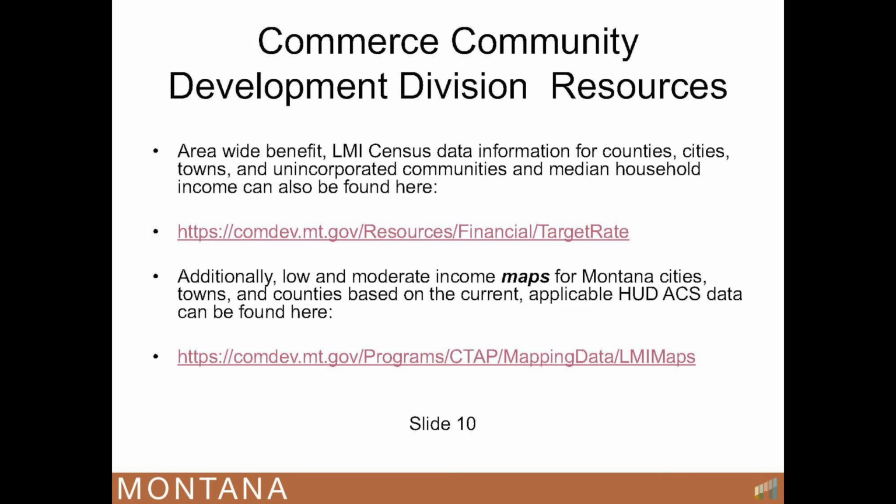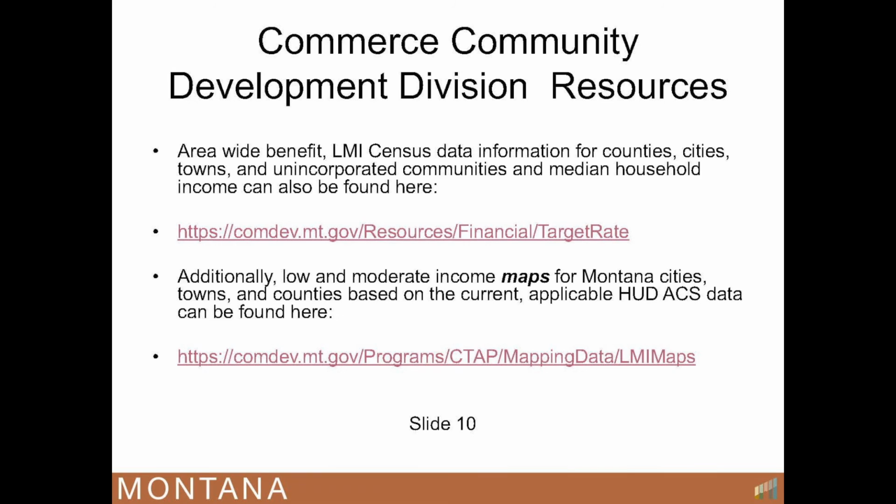Slide 10 discusses resources available within the Department of Commerce Community Development Division. The link that you'll see at the top of the slide includes area-wide benefit, low and moderate income information, again based upon the ACS 2015 HUD data for counties, cities, towns, and unincorporated communities, as well as median household income information.